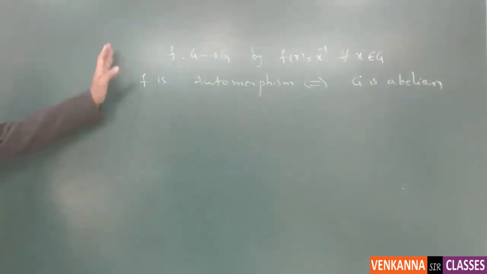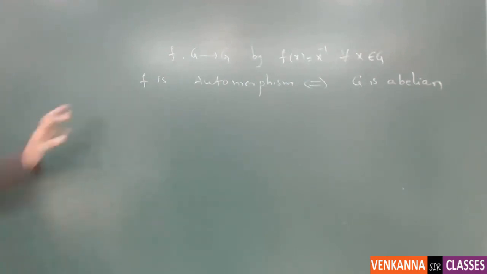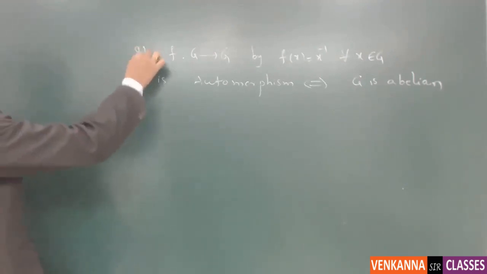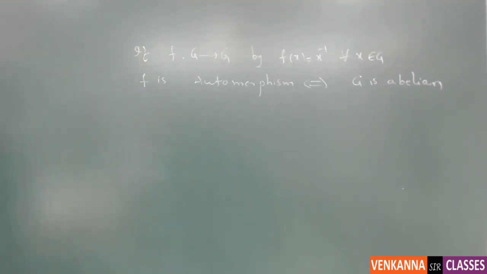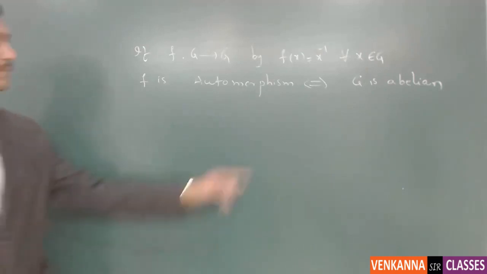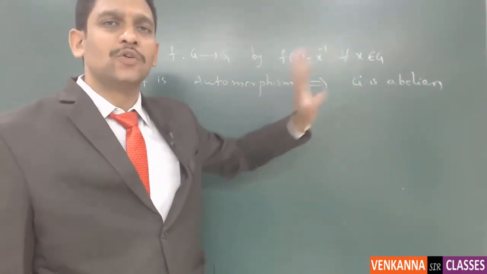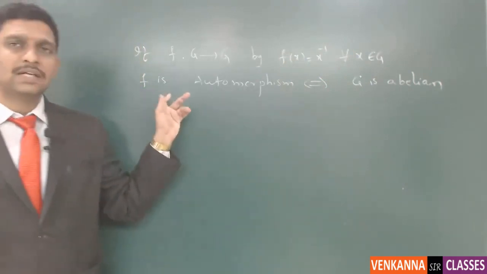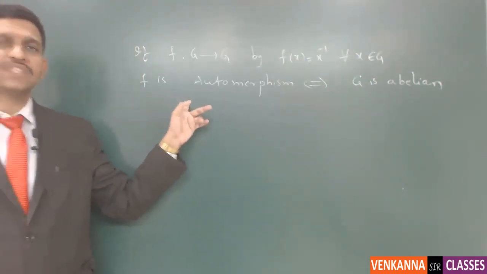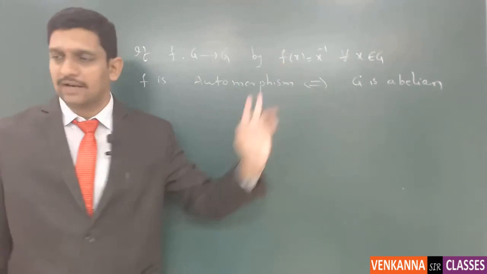So this is one interesting problem. Let us discuss it. First of all, take a note of this. If f from G to G is a function defined by f of x equal to x inverse for every element in the group G, then it becomes an automorphism if and only if G is abelian.